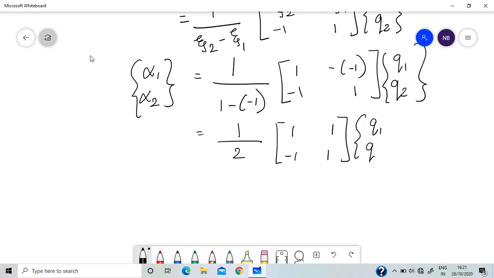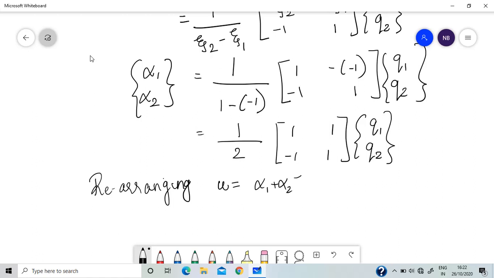So we get 1 upon 2, 1, 1, -1, 1, q1, q2. So now rearranging the very first equation that we had assumed, that is u equals alpha 1 plus alpha 2 zeta, in matrix form we will get u equals 1 zeta into alpha 1 alpha 2.